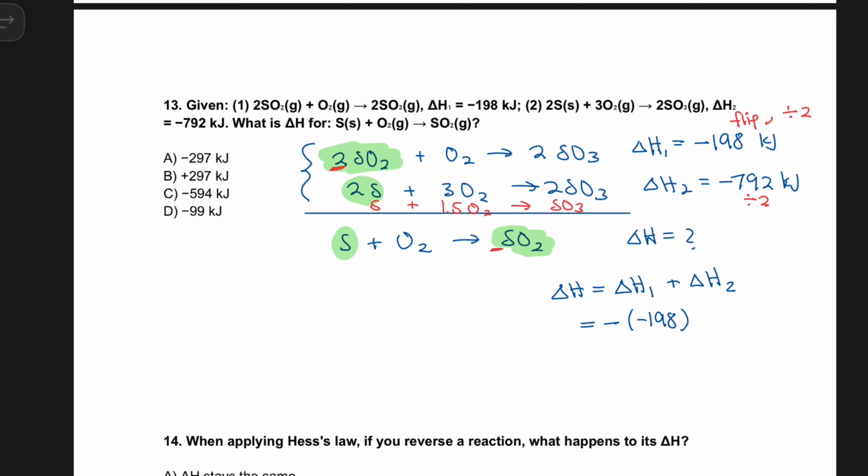And I write the value, and then I also divided it by 2, plus the second delta H, and for this one I just divided it by 2. So I do that, and now I can calculate it, which will give me negative 297 kilojoules. If you want more practice, once again, I have a whole entire video just on solving these types of questions.